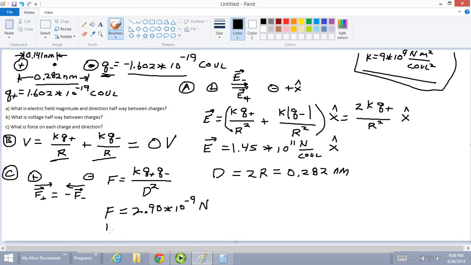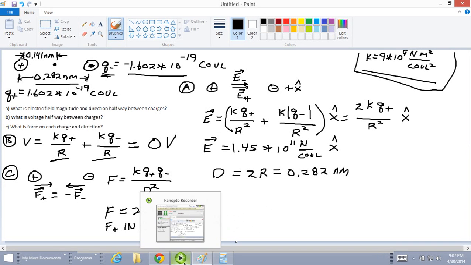F positive in the x hat direction, the force on the negative charge in the negative x direction. End of problem. Ready to go on to the next one.